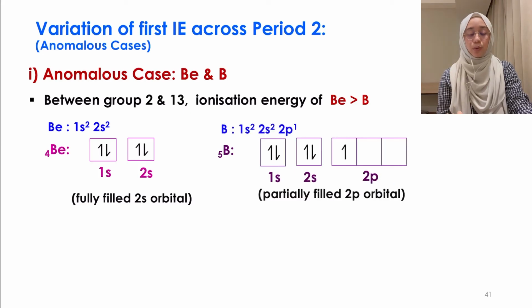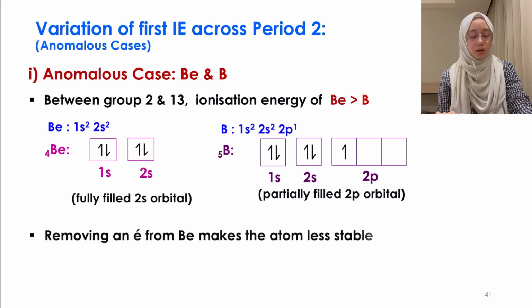So macam saya cakap tadi, we are focusing only on the highest energy orbital. So ini 2s, okay, fully filled 2s orbital. Meanwhile, yang ni kita focus on the 2p. So as you can see, there's only one being added into the 2p orbital. So that's why they define it as partially filled 2p orbital. Therefore, class, removing an electron from the beryllium makes the atom less stable.